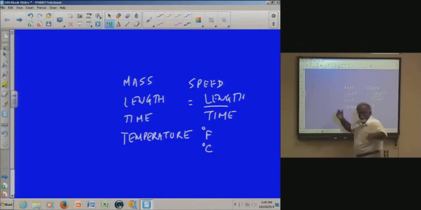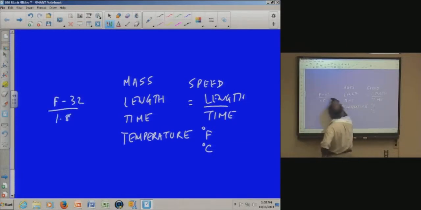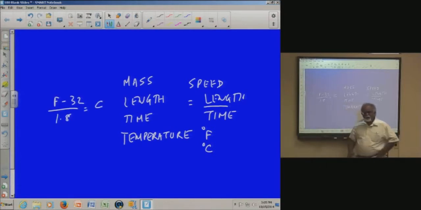This is something you can easily look up, but you take Fahrenheit, subtract 32, and divide by 1.8, which will give you centigrade. So if you define temperature as Fahrenheit, we can calculate the temperature as centigrade and vice versa. The important thing as far as temperature is concerned is that this is a very helpful way of describing what the temperature is, but for most of the calculations in engineering, we use temperature in the absolute scale.